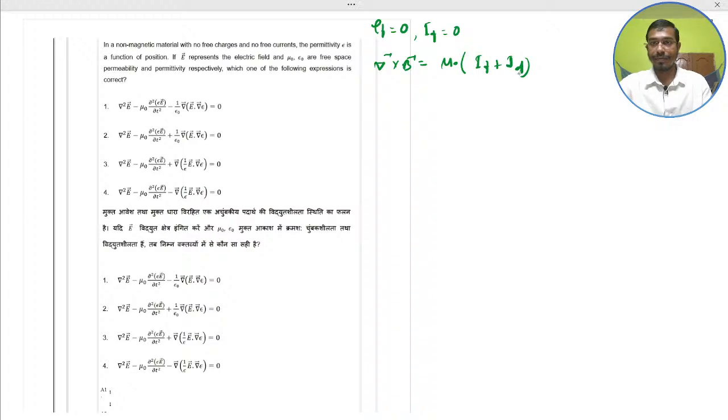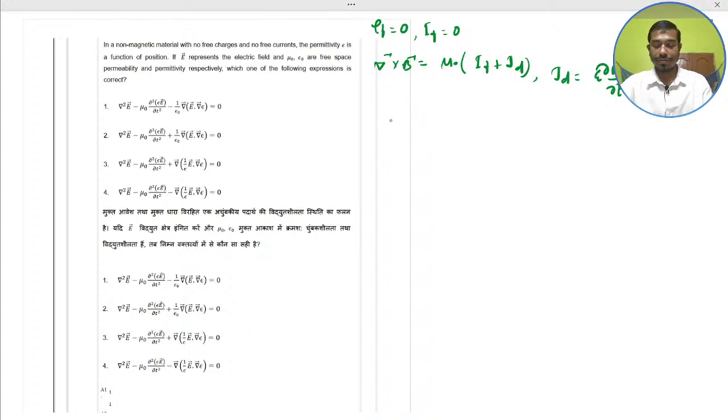Same question we just discussed. The free charge rho f is 0 and the free current J f is 0. From the Maxwell equation, curl B equals mu naught J f plus the displacement current J D plus the free current, where the displacement current J D is epsilon del E by del t.